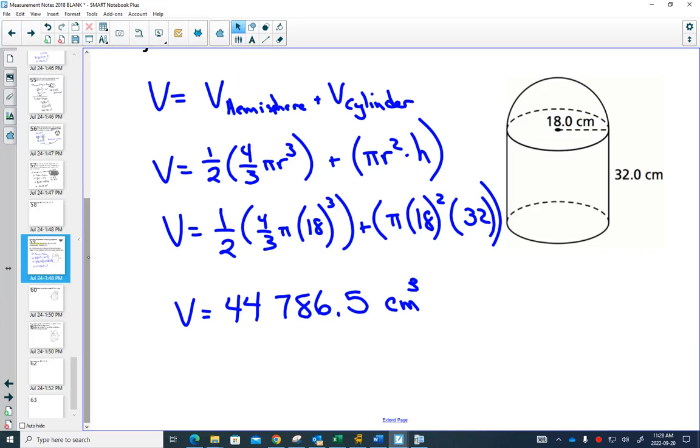Pi, bracket, 18, bracket, cubed. So you can really make it look like that, which is super nice, hey? The little hat button, 3, and then close that bracket there. Please type this into your calculator to see if you got the same answer.